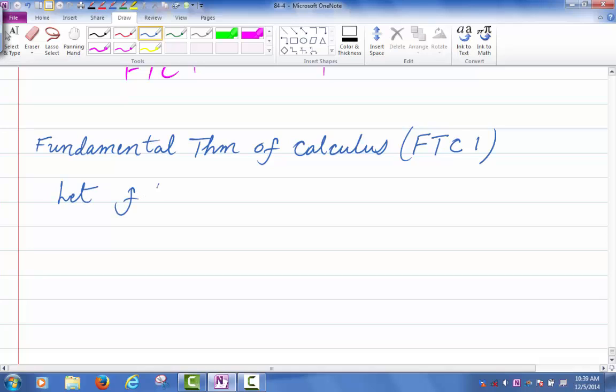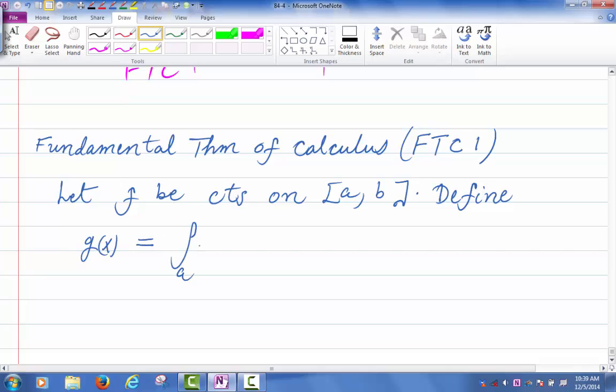Let f be continuous on the interval from a to b. Define a new function g of x, which is the integral from a to x of f of t dt. And here x is between a and b. So for any x between a and b, the value of the function g is given by this integral.